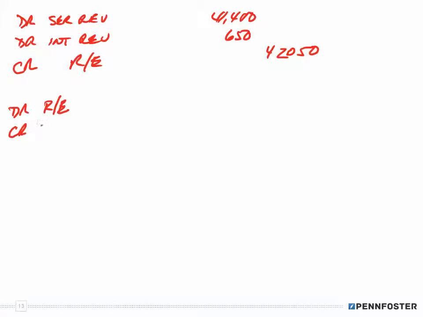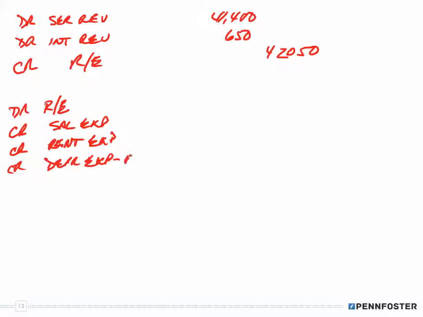So I'll credit salary expense, I'll credit rent expense, I'll credit depreciation expense, and in this case they're giving the designation of equipment, I'll credit utility expense, I will credit supplies expense.